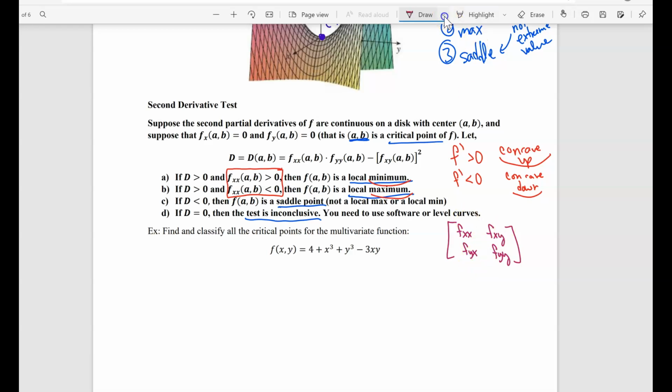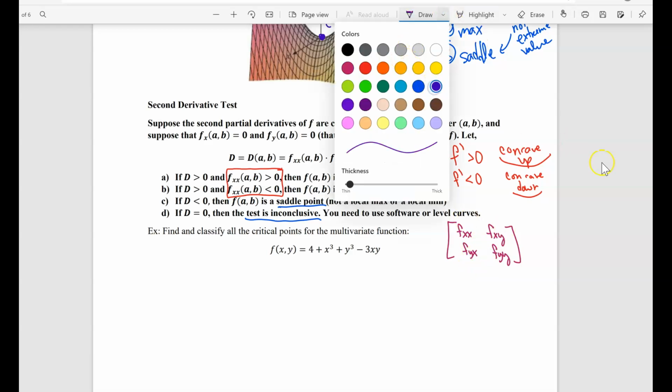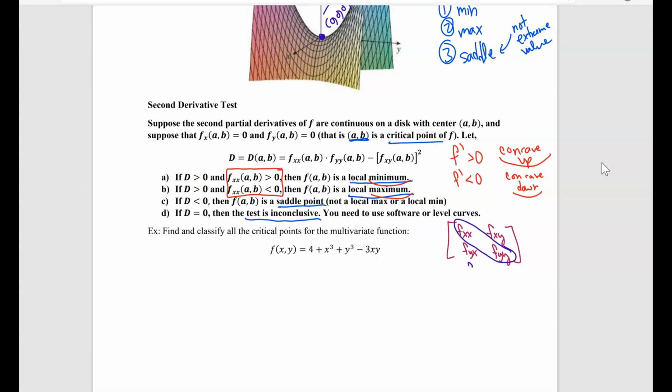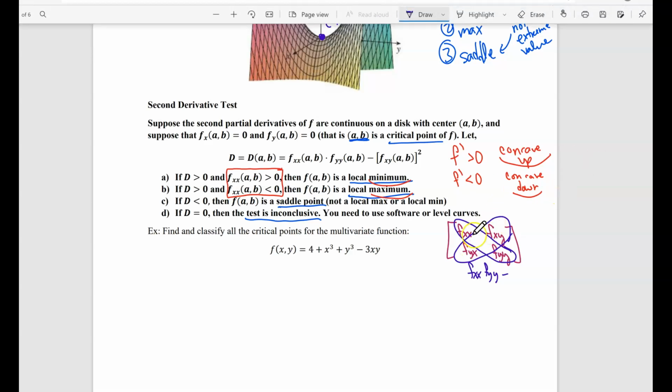And what I do is take the determinant of this. If I take the determinant, I get this times this, which is f sub xx times f sub yy, minus this part. And remember, by Clairaut's theorem, these are exactly the same, so you basically have f sub xy squared. And this is actually your D. So I'm basically finding the determinant of this.